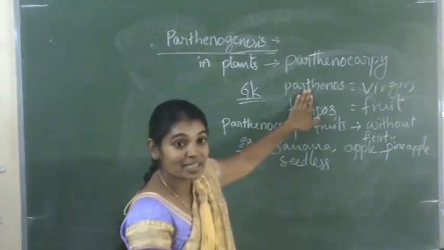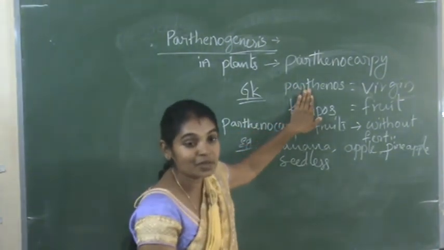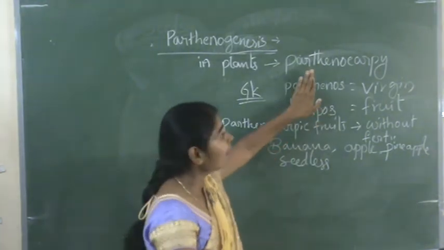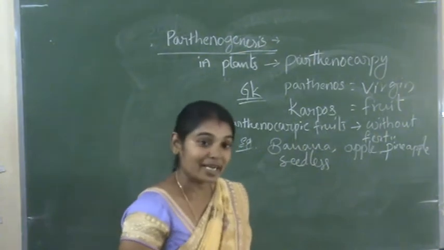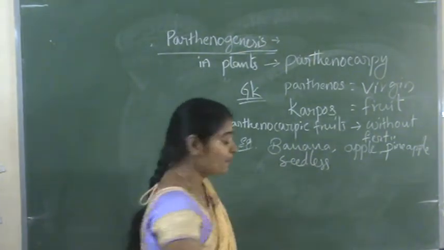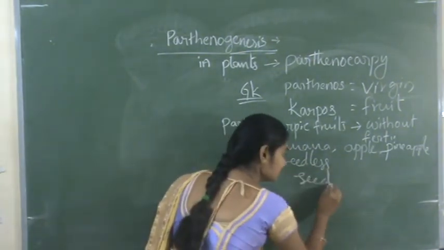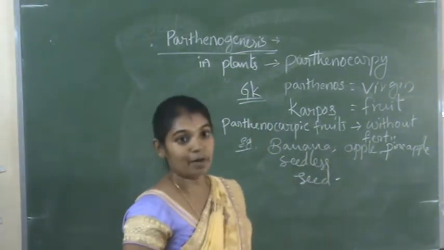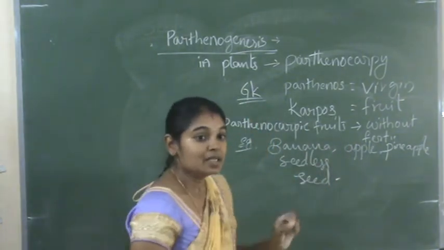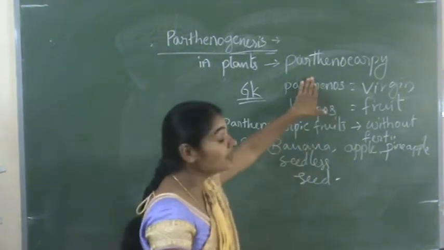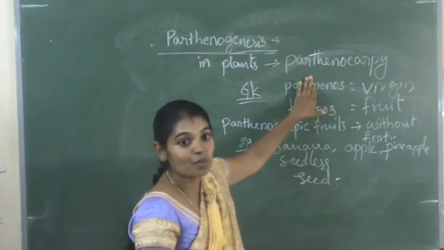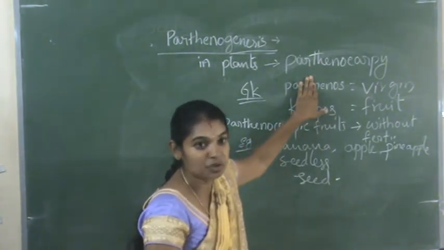And say for example pomegranate. If you want to develop pomegranate by this process, we know that in the pomegranate the seed is the edible part, not the pulp. So if we develop pomegranate by parthenocarpy, it will be a seedless fruit.